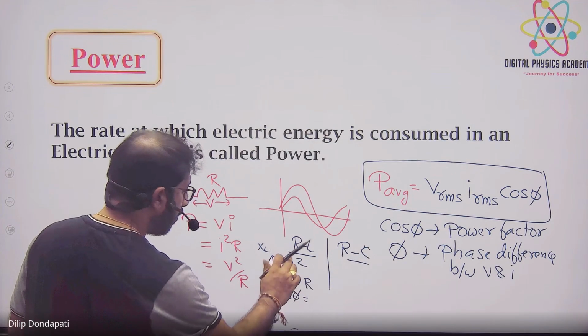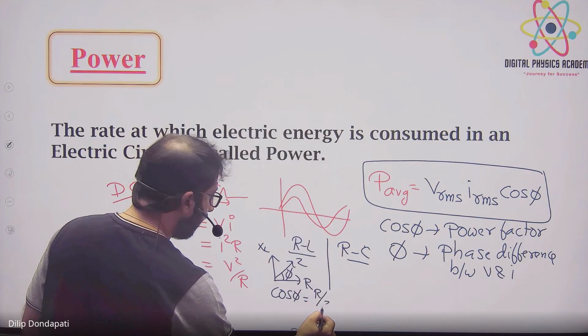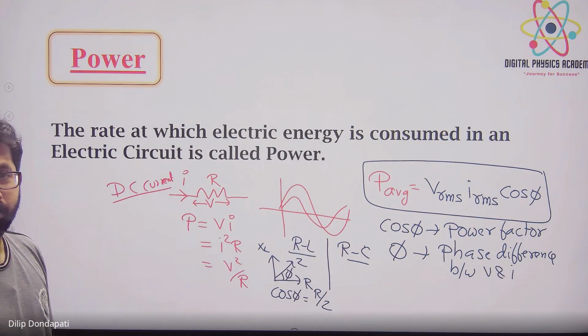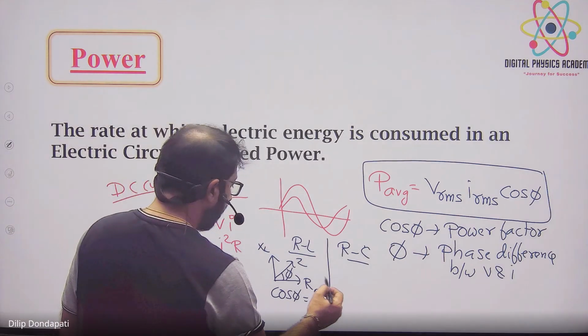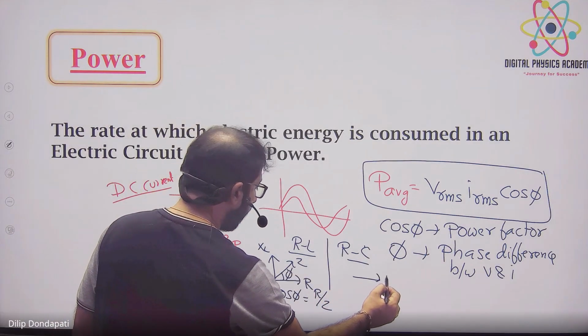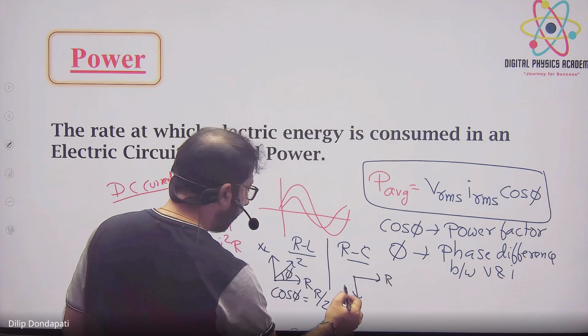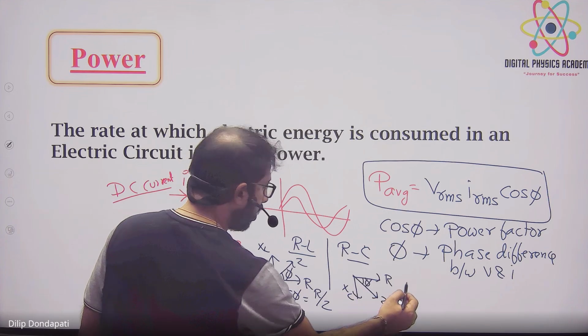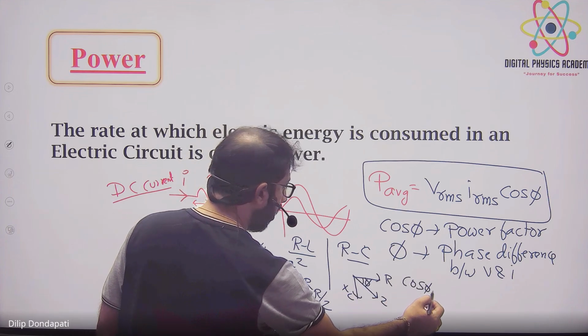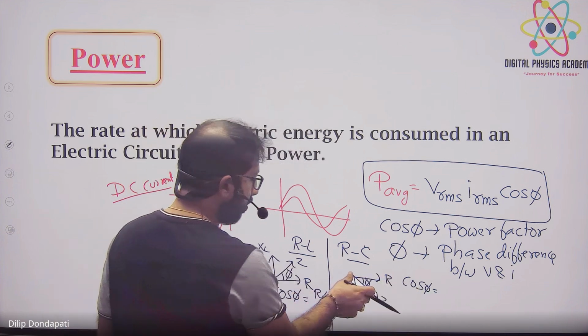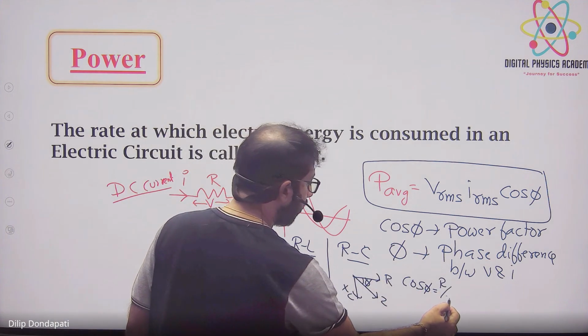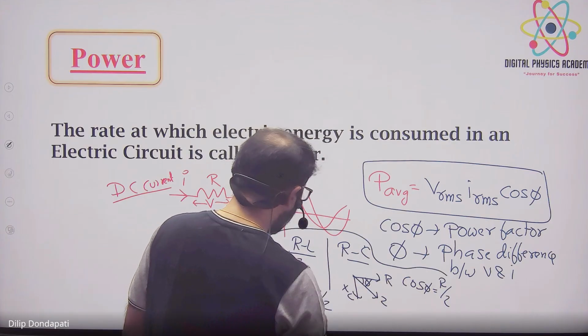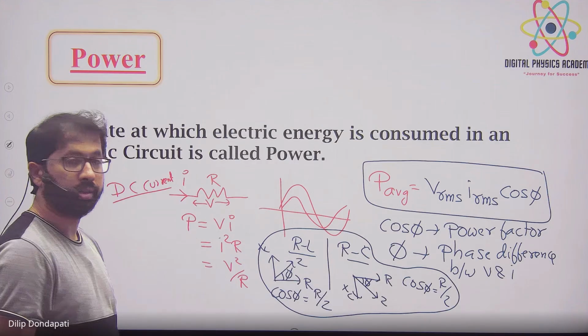Adjacent by hypotenuse. R by Z is the formula. Similarly, RC में this is R, नीचे XC रहेगा, and Z is like this, and this phi. So what is cos phi? In this also, adjacent by hypotenuse, so R by Z. So RL and RC में power factor will be R by Z.